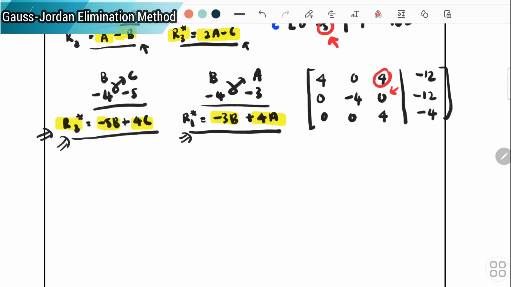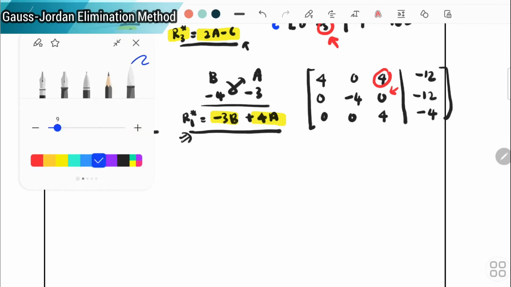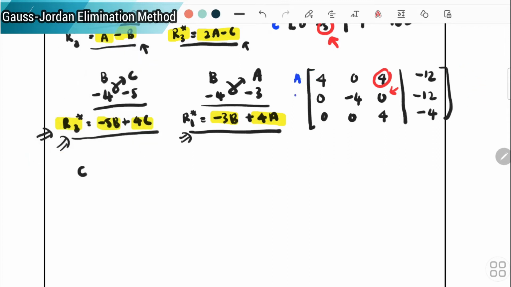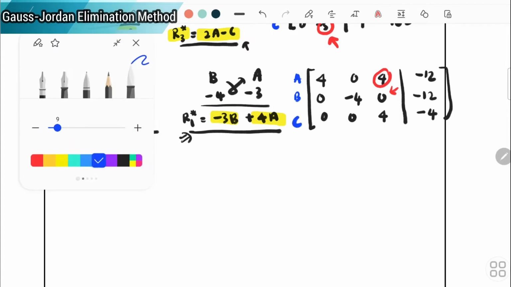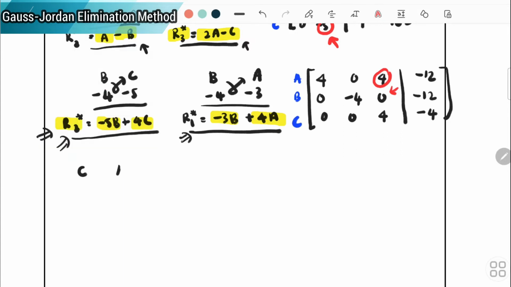So the reference row here is C. C will be this different row. So C and A are the rows that we have to change. So C is a 4, and this is also 4. So just repeat the same process: positive 4C minus 4A.